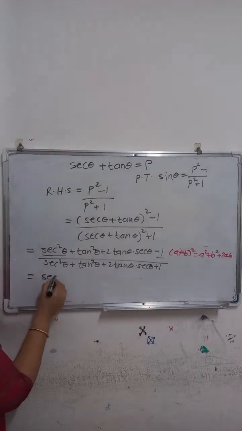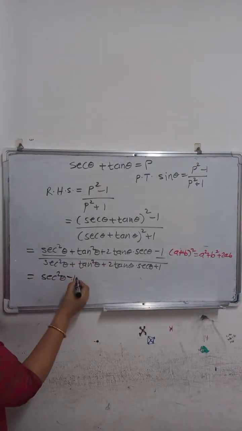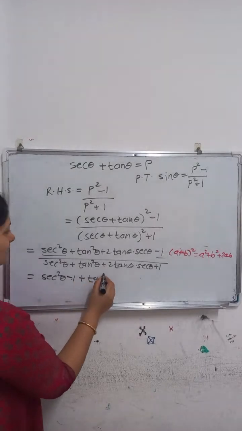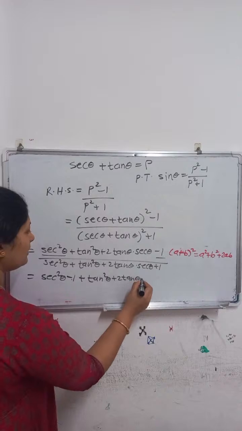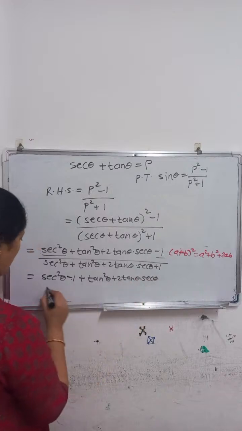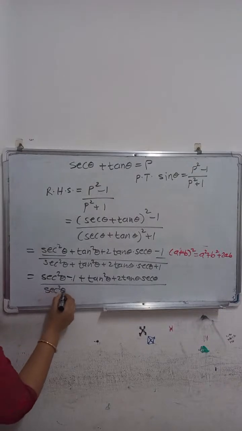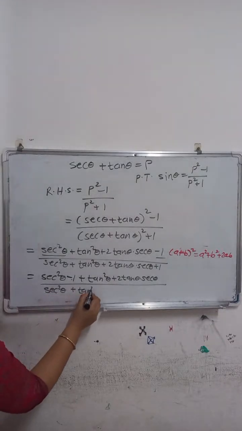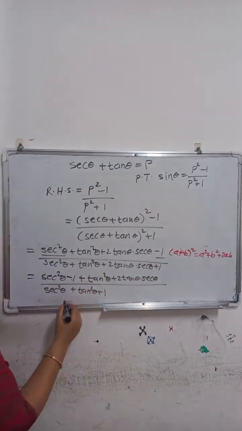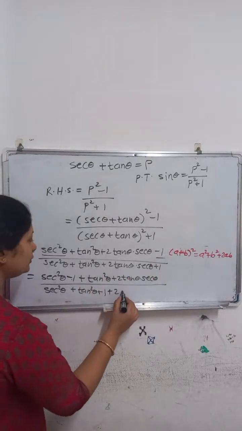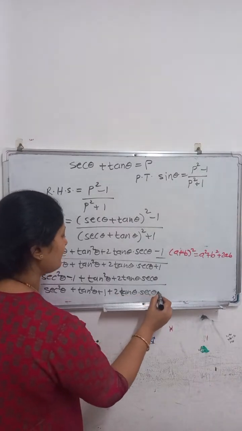So can I write it like this, sec square theta, I am rearranging the terms, that's it, plus tan square theta plus 2 tan theta into sec theta, divided by sec square theta plus tan square theta, and I will bring this 1 and write it near the tan square theta plus 2 tan theta into sec theta.